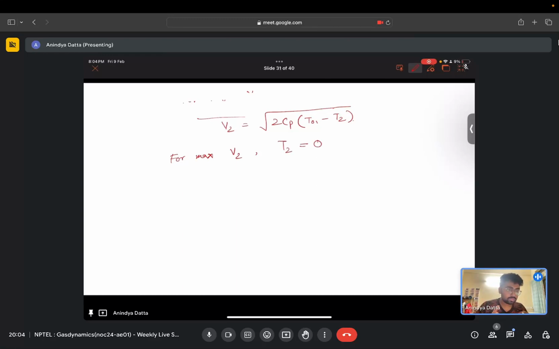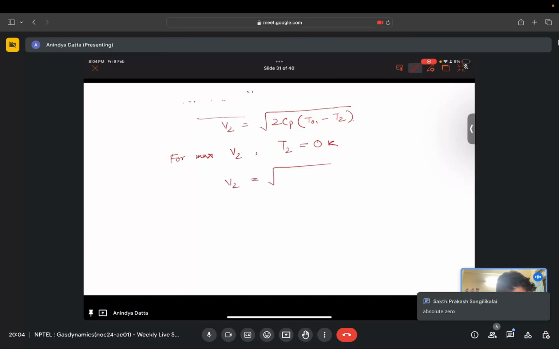To get maximum velocity, what is the minimum temperature we can go? It is 0 Kelvin, right? So this is in Kelvin. For maximum V2 we have absolute 0. So basically V2 is equal to the square root of 2 times Cp times T01.